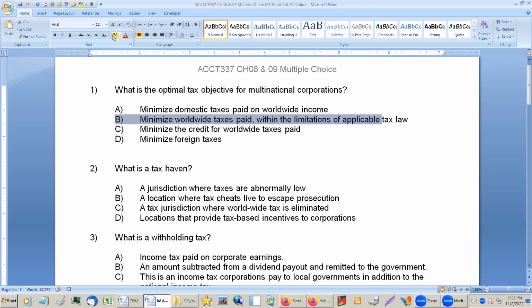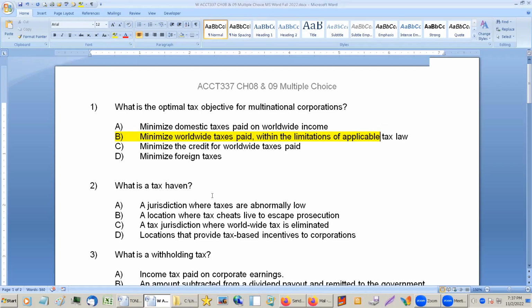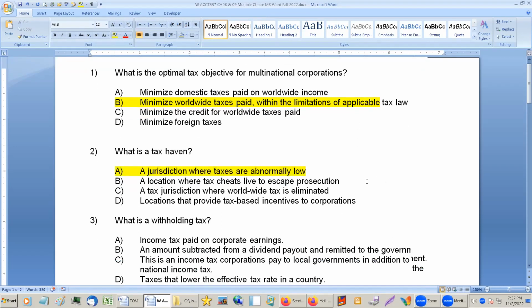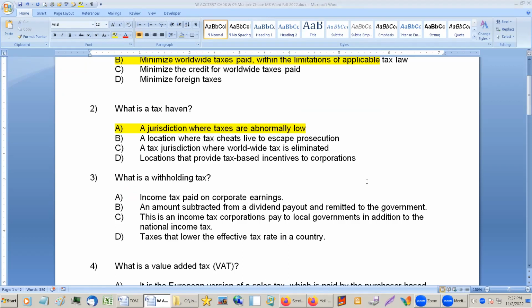Okay, first one, B, yes. Two, yes. Three, yes.